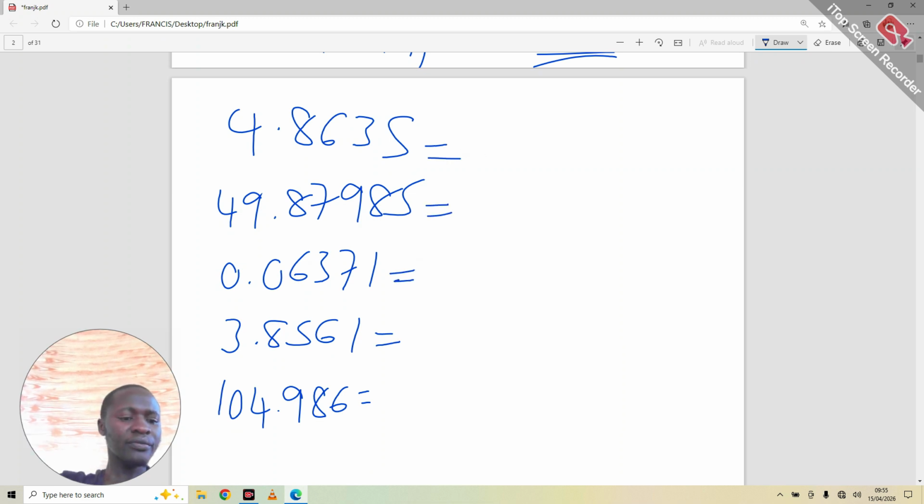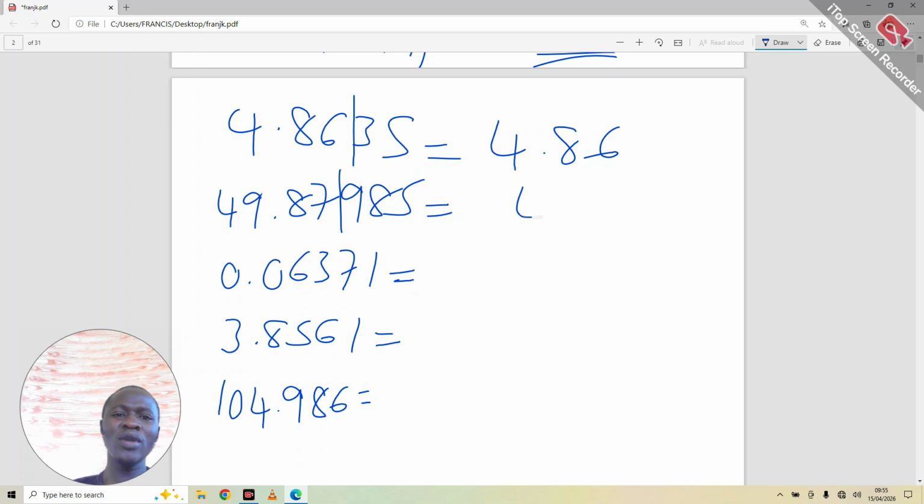Now, if we were to truncate the following numbers to 2 decimal places, then what would have been our answer? You just come and cut it at 2 decimal places, then leave it alone. Just write your answer to that second decimal place. So we cut it at that point, we have 4.86.